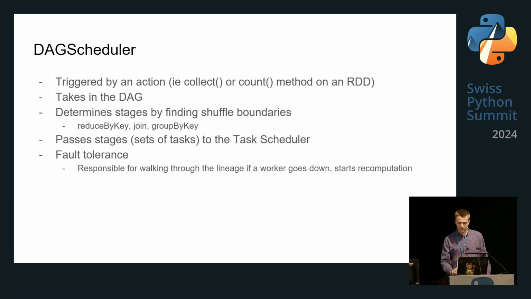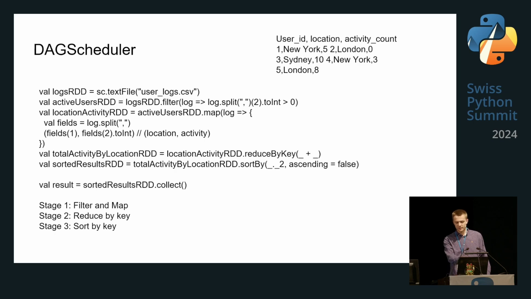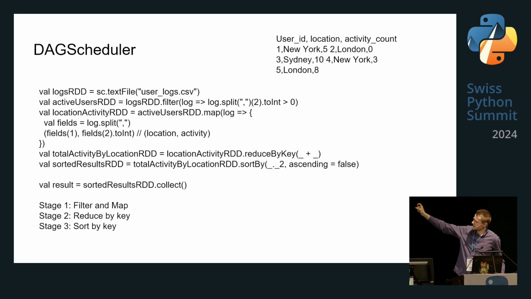So here's an example of some Spark code. When you write this code and you specify these transformations like split or map or reduce by key, Spark doesn't actually materialize the data after you say those things.